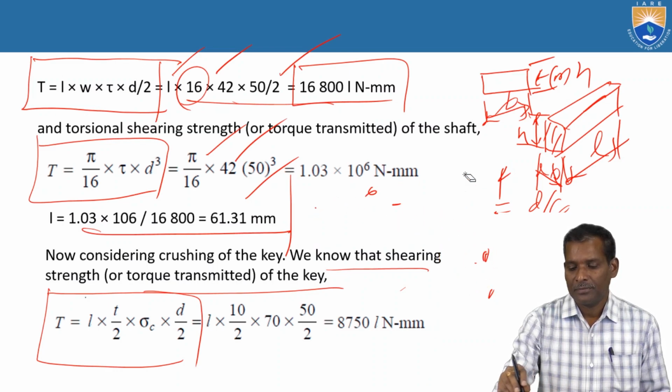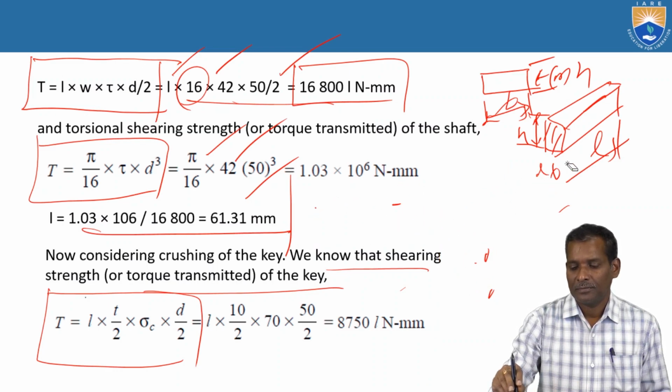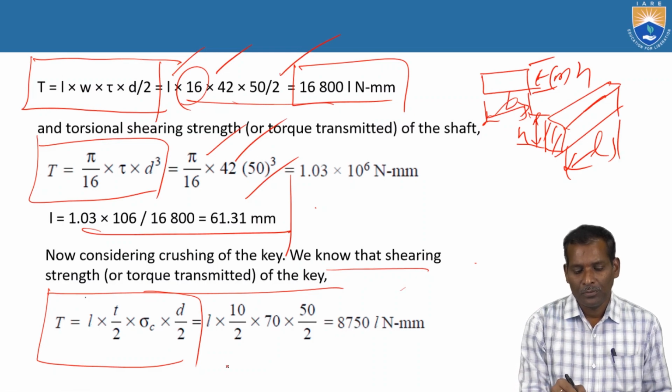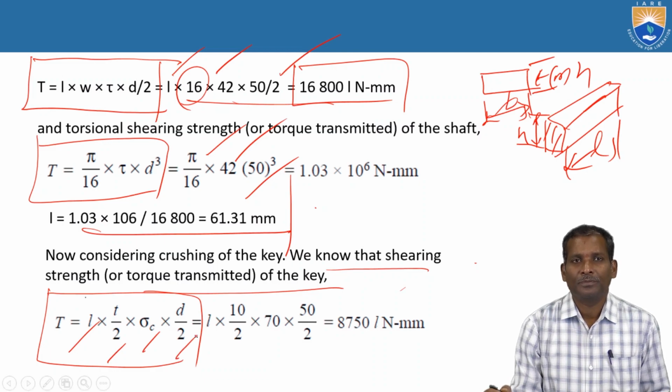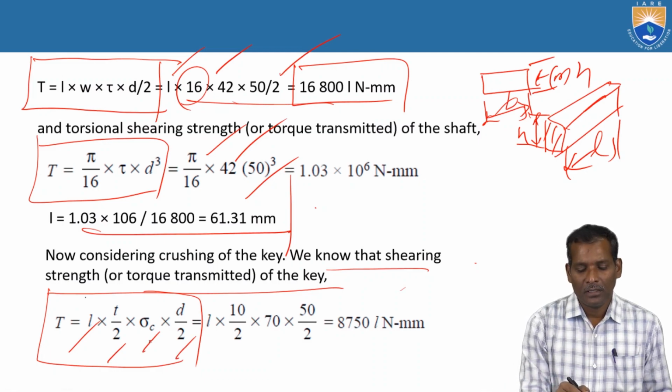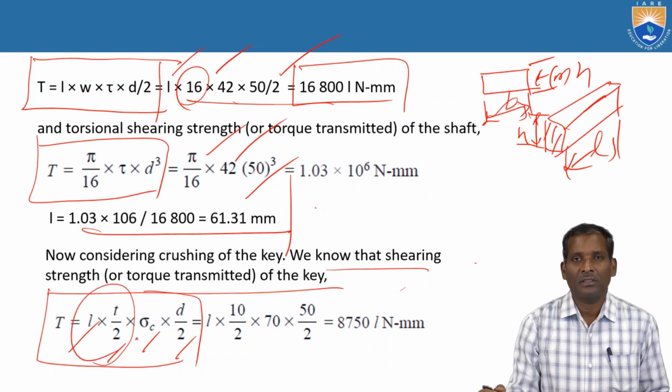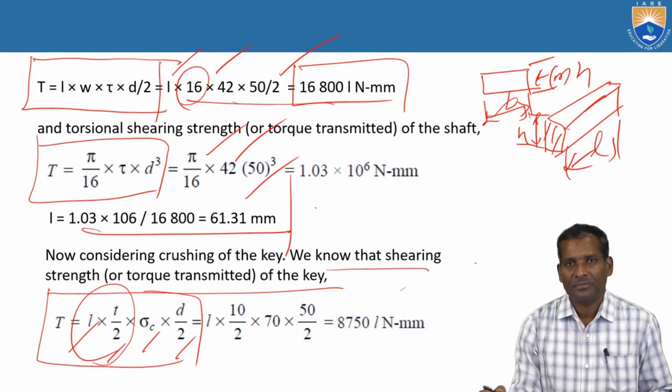The equation is T is equal to L into t by 2 into sigma c into d by 2. Here sigma c is the crushing strength and L into t by 2 is the crushing area.